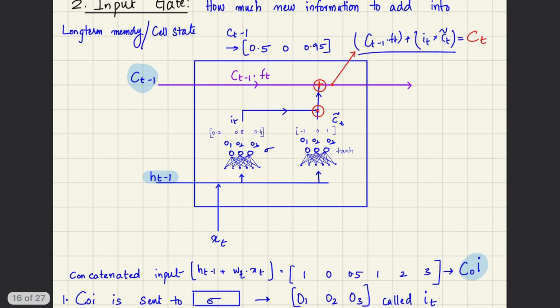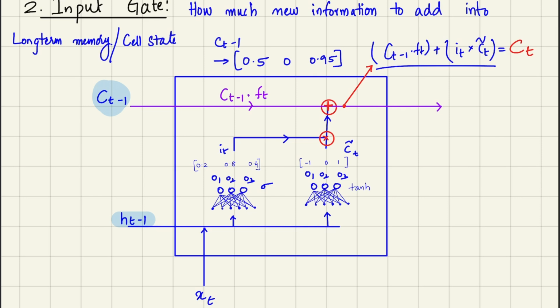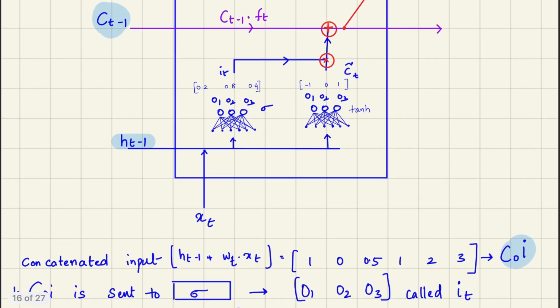Then let's go to the input gate. The whole point of the input gate is that it will decide how much new information to add into the long term memory. Currently in our long term memory, CT minus 1 into FT is running. Keeping that aside, here we have this concatenated vector, right?